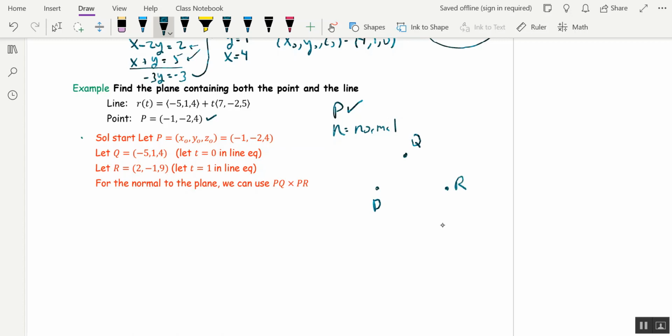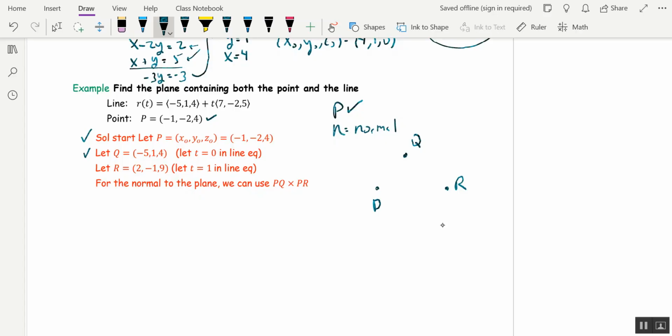So in my solution start, I've got my P. To get Q, I set t equal to 0 in this equation for the line. And if I set t equal to 1, then I get R. So there's my 3 points. And again, I can just take their cross product as the normal to the plane. So let's write down PQ and PR. PQ, I take the Q's minus the P's, and I'm going to get negative 4, 3, 0.